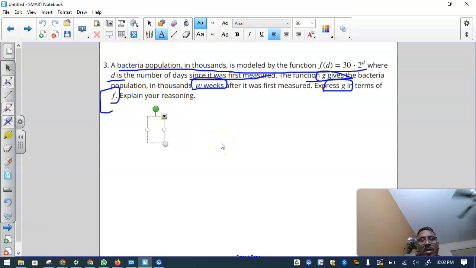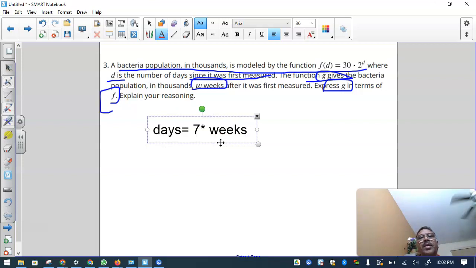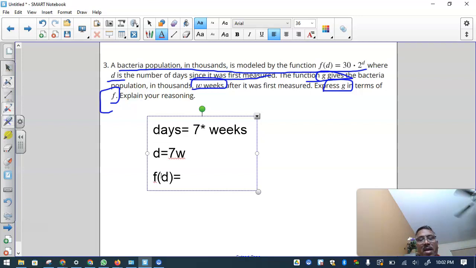The number of days is equal to 7 times the number of weeks, so I can write D equals 7 times W. So f of D, we can write as f of 7W, and we want to write that in terms of G, so that is equal to G of W, the new function.